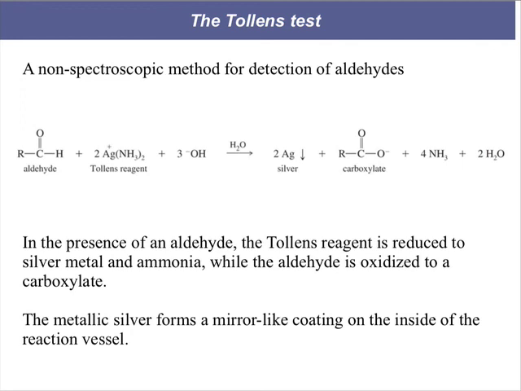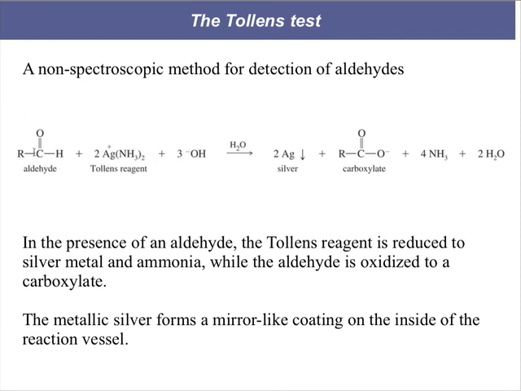One of those chemical methods for detecting aldehydes is called the Tollens test. It uses something called a Tollens reagent, which is a silver ion that is complexed with two ammonia molecules, so Ag plus NH3 and hydroxide.